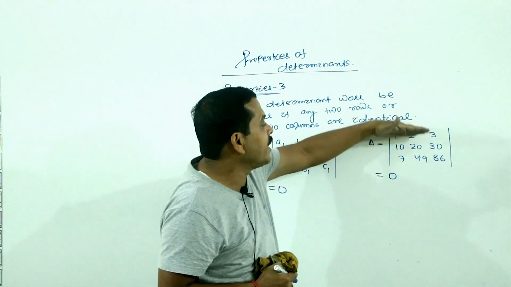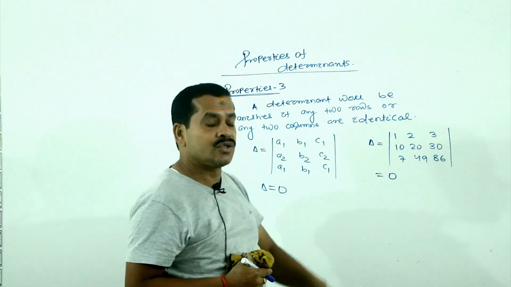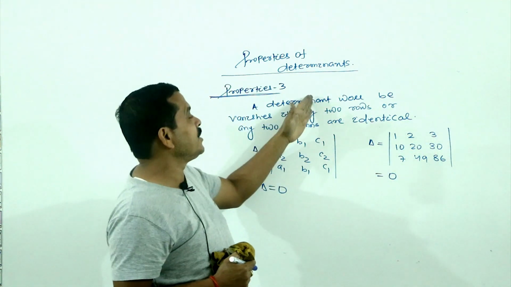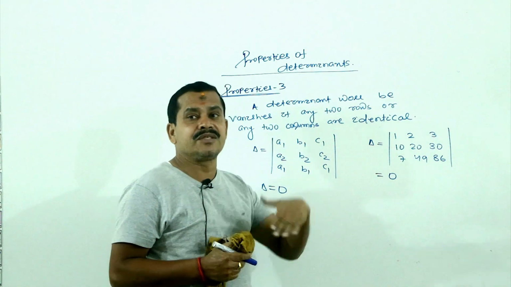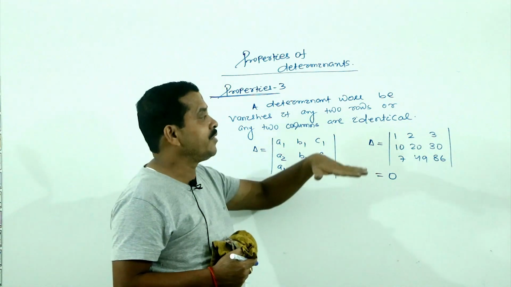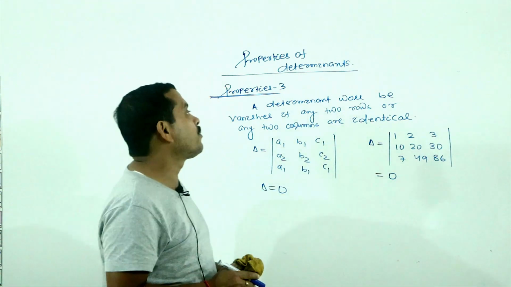So the first row and second row are proportional, and without expanding we can write it as 0. That is property 3. Either it is multiple or same or proportional, that determinant will vanish.